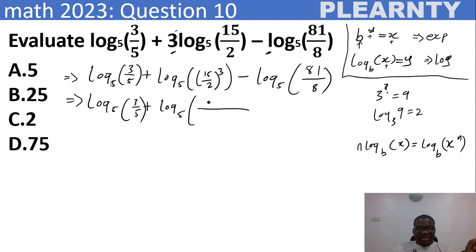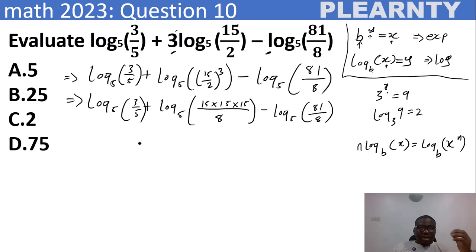So when you have a big number like that, you can just put it there like that: 15 times 15 times 15. Then 2 times 2 times 2, that's 8. So that will be easy to divide. Then you have minus log base 5 of 81 over 8.